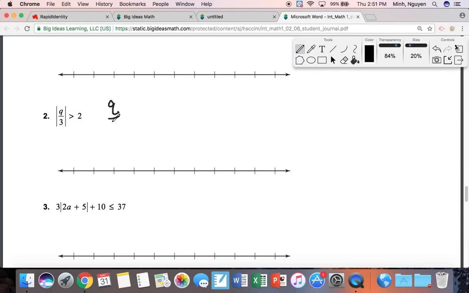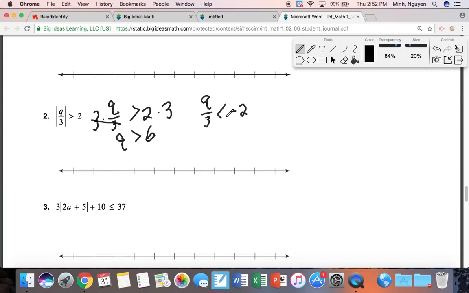So you have q over 3 greater than positive 2, q over 3, we're going to swap the sign and the symbol. So swap the sign to be less than, and 2 turns into a negative 2. You multiply both sides by 3. I'm not going to show you how to draw the number lines, because the previous videos have practice on that, so you can just refer to those.